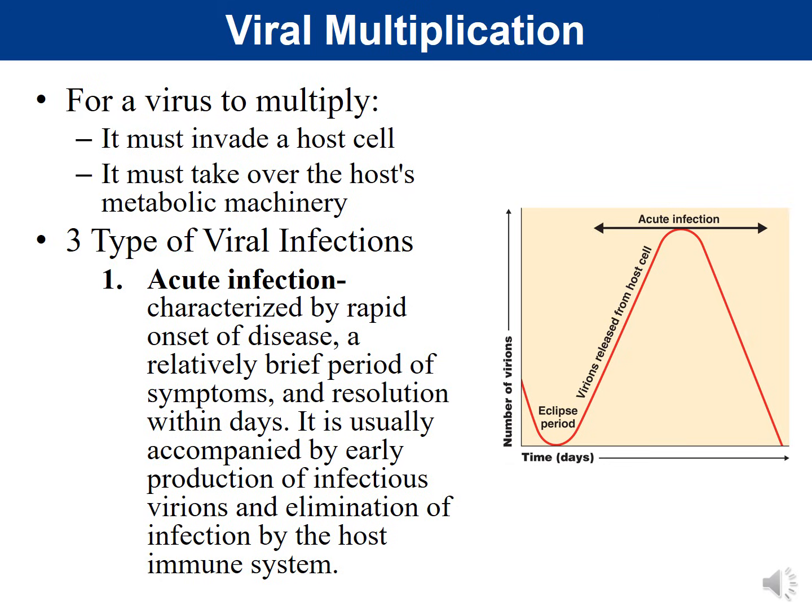It's usually accompanied by early production of infectious virions, and then it's eliminated by the host immune system. And so notice that the virions get produced and then released from the cell or broken down over time. And so this is an acute infection. It comes on quickly, but it also resolves.